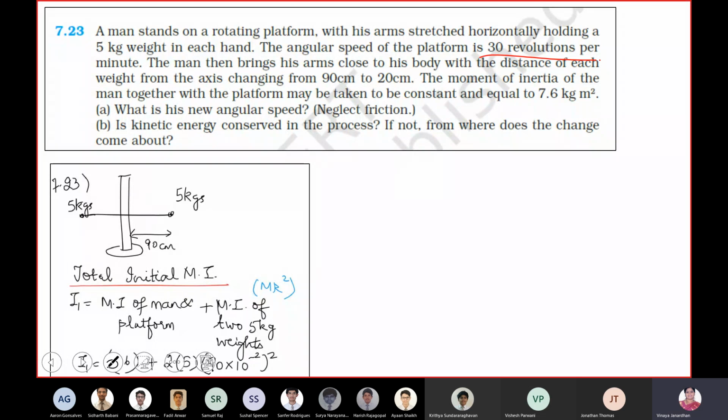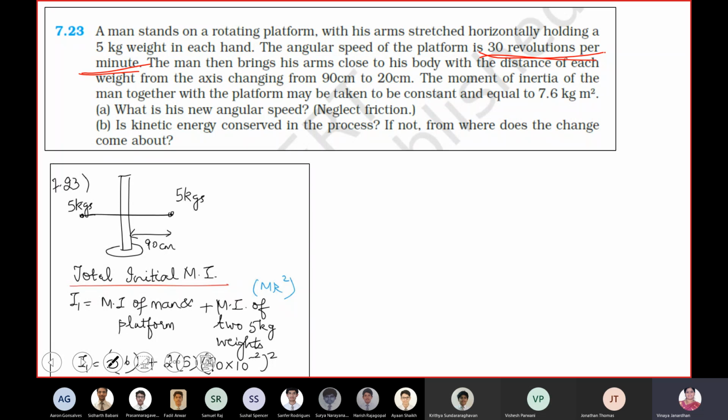Just check, boys. Go for your automobile engineering and check what RPM is. Instead of RPS, there is rev per second, meaning revolutions per second. That's the standard one, because here they have given revolutions per minute. You have to convert it to revolutions per second.